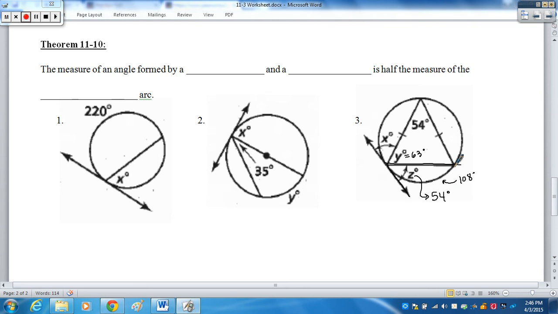If you know this is 54 degrees and this is 63 degrees, to find x, you could take 180 minus 63 minus 54 and figure out what your measurement's going to be there for x. 117 from 180 is going to be 63.